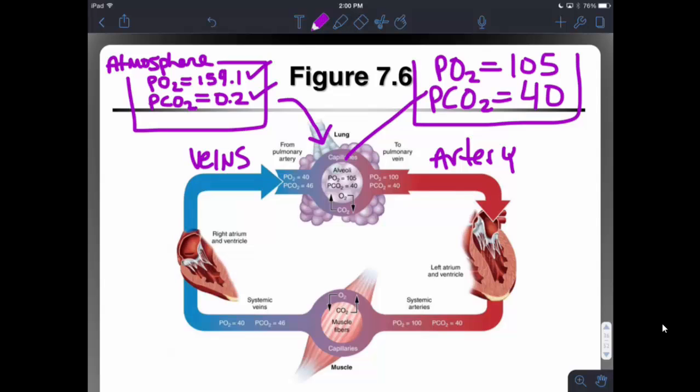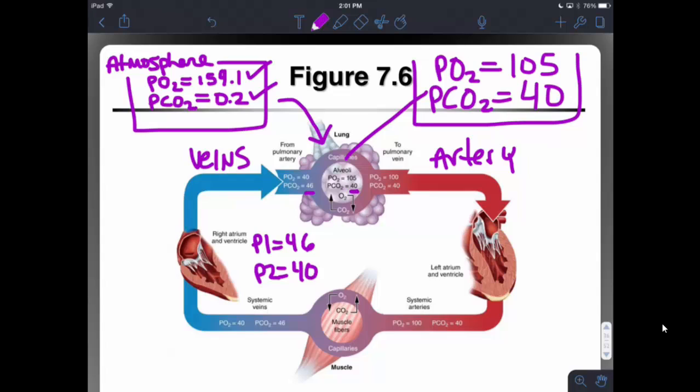Now we do the same thing for CO2. In the alveoli we have a PCO2 of 40, and in the veins we have a PCO2 of 46. Remember, P1 is always the highest. So here P1 is 46, P2 is 40.